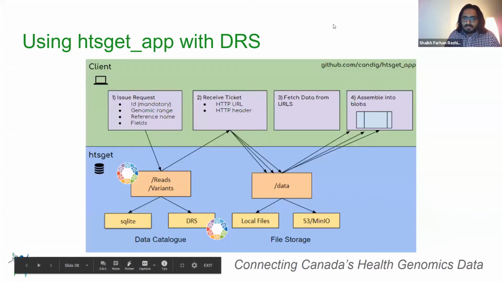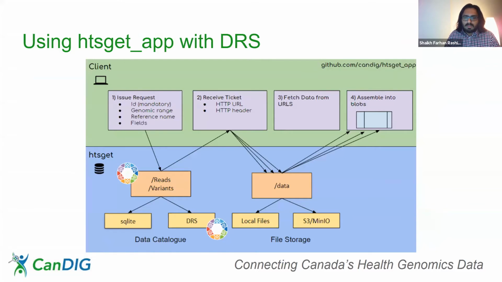And some of the reasons why we opted to build our own htsget implementation was the modularity that we could have in the back end of these, from the htsget genomic streaming protocol to the data catalog and file storage, or the underlying data sources themselves.